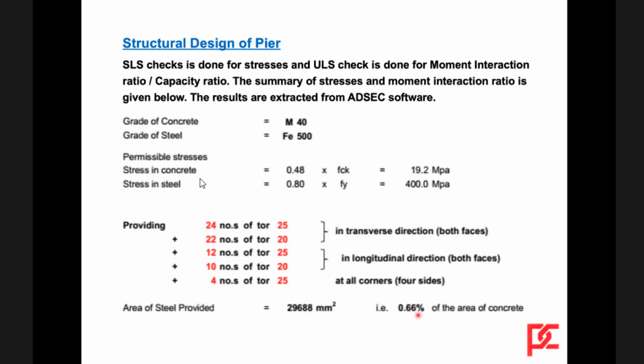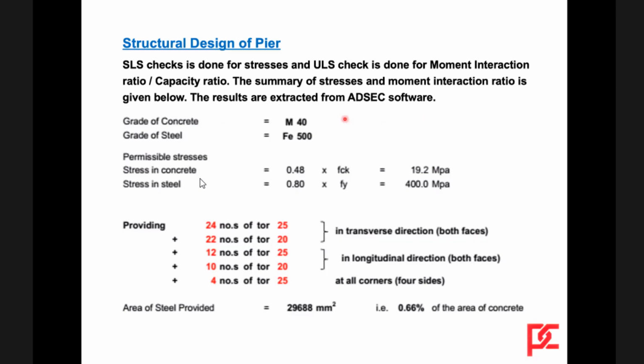Then we come to the structural design of the pier. SLS check is done for stresses and ULS check is done for moment interaction ratio, capacity ratio. Summary of stresses and moments interaction ratio is given below. Results are extracted from AdSet software of Viasys.